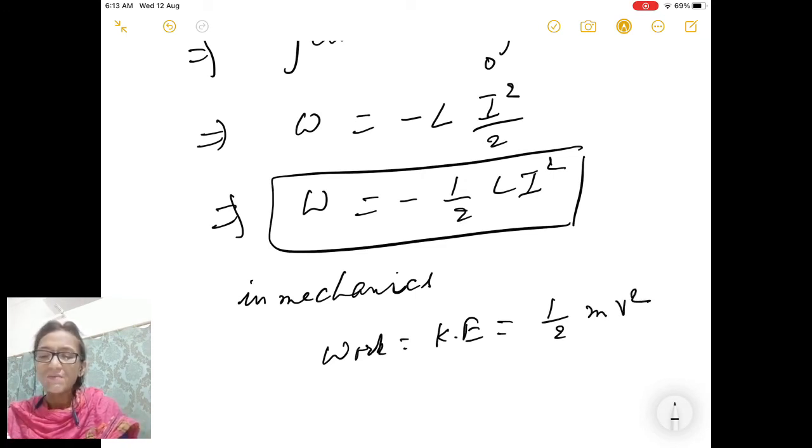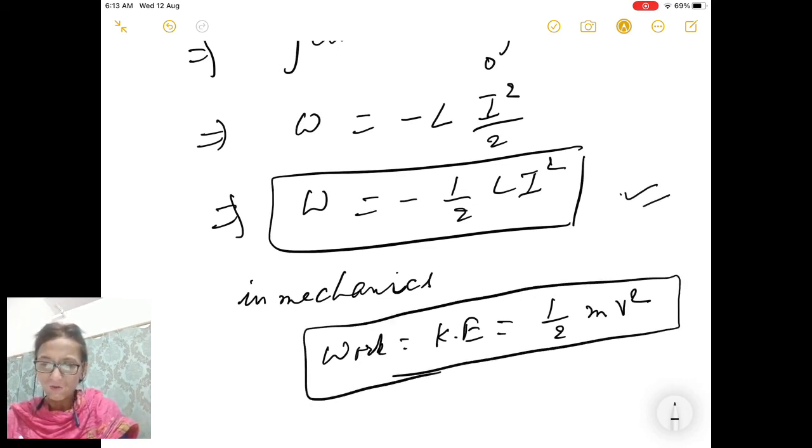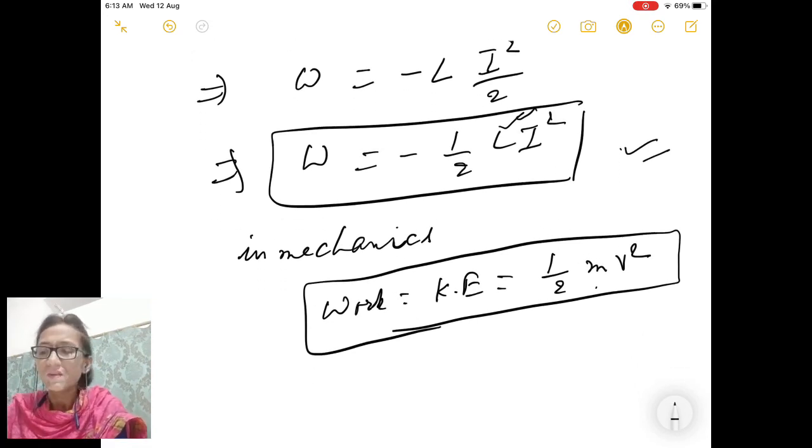You have some analogy. If you compare the two equations, you will find that the equations are similar. What L does in the electromagnetic case, the same work is done by mass in the mechanical analog. Mass opposes any change of state of rest or uniform motion, and here L opposes a change, either an increase or decrease, of current.